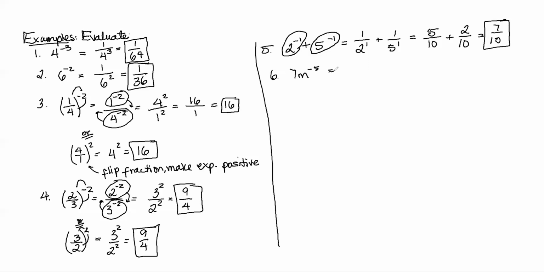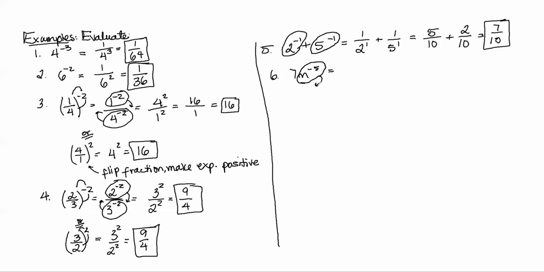And with this one, we want to identify first what is being raised to the -5th power. Is it the 7 and the m, or just the m? Well, for this one, because there's no parentheses, the base is just the m, so I'm going to circle that, and that has to move down to the bottom of its own fraction.